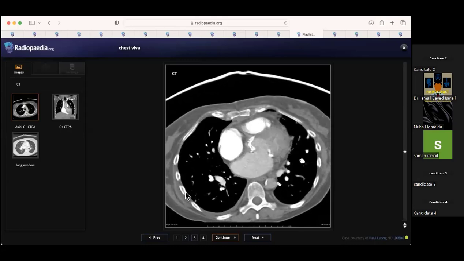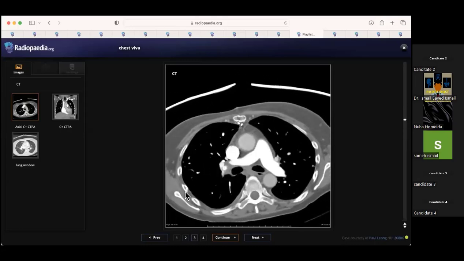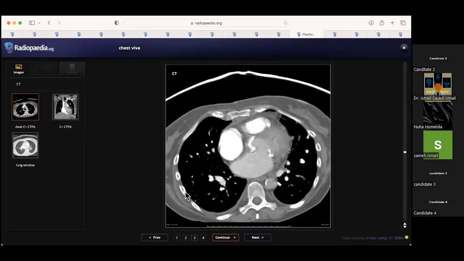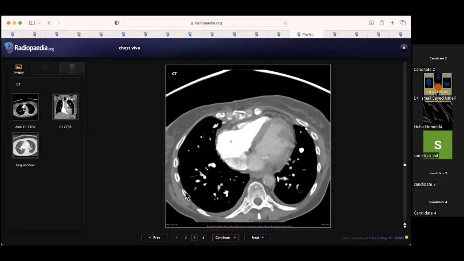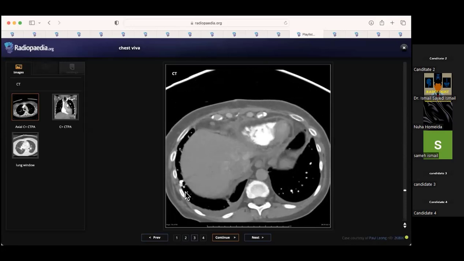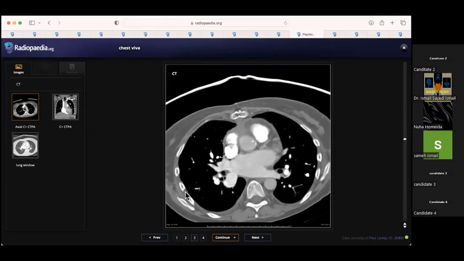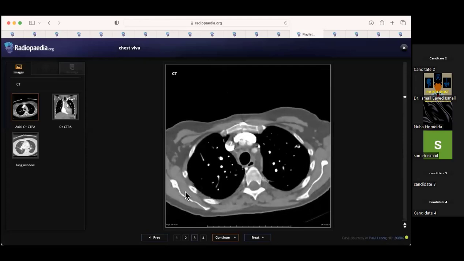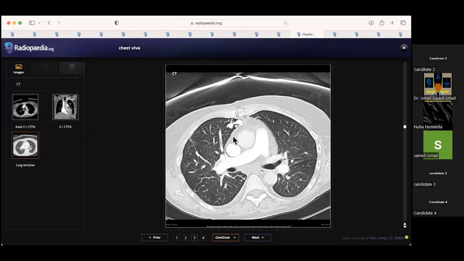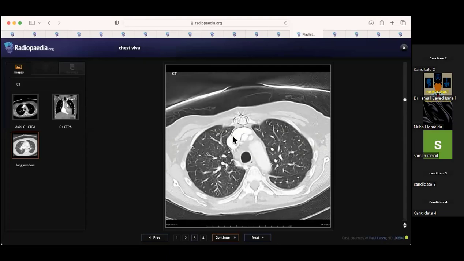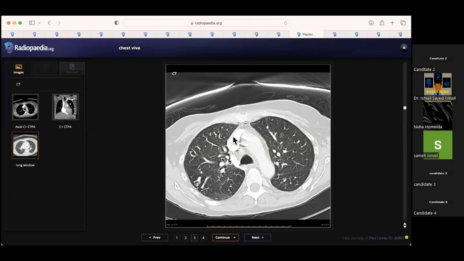I have been presented with CT axial images of the chest taken in arterial phase. I can see multiple embolization, as we said previously. Can we change it to the lung window, please? Okay, starting from top to bottom.